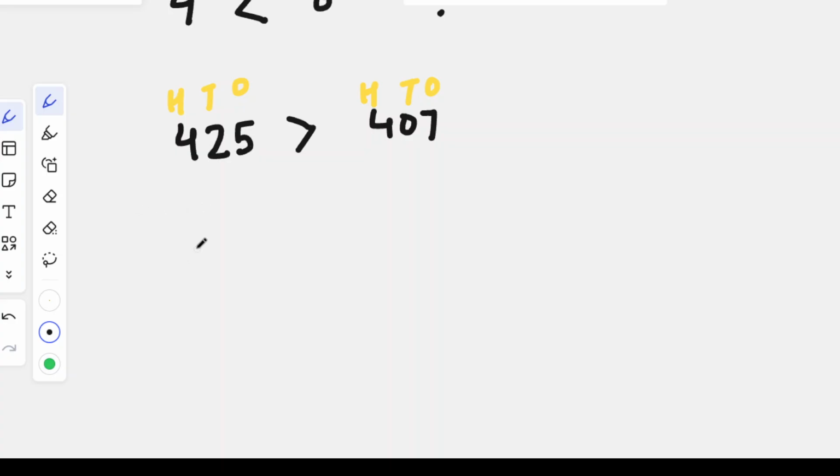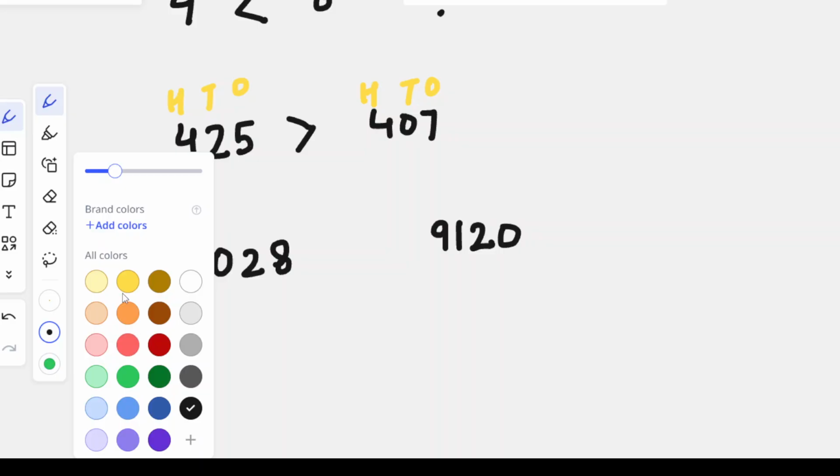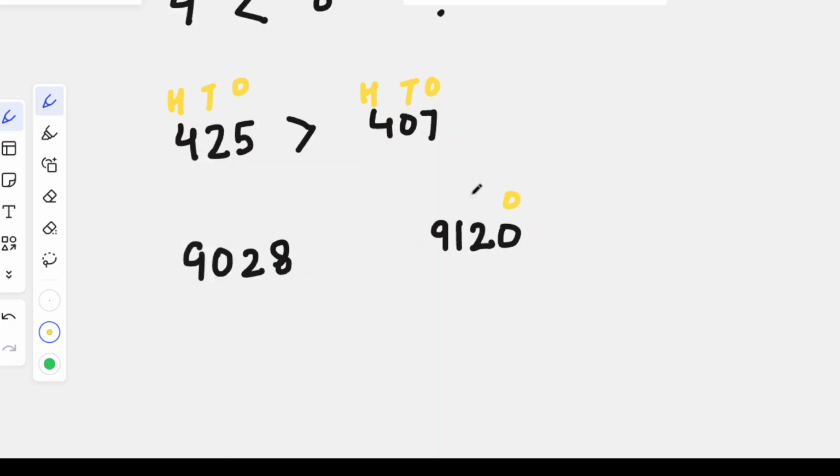Alright. Now we will compare 4-digit numbers. 9028 will be compared with 9120. Alright, now I want you to pause the video and follow the same process as we have done in the previous comparisons, right? So first what we do? We see what the place values are there.